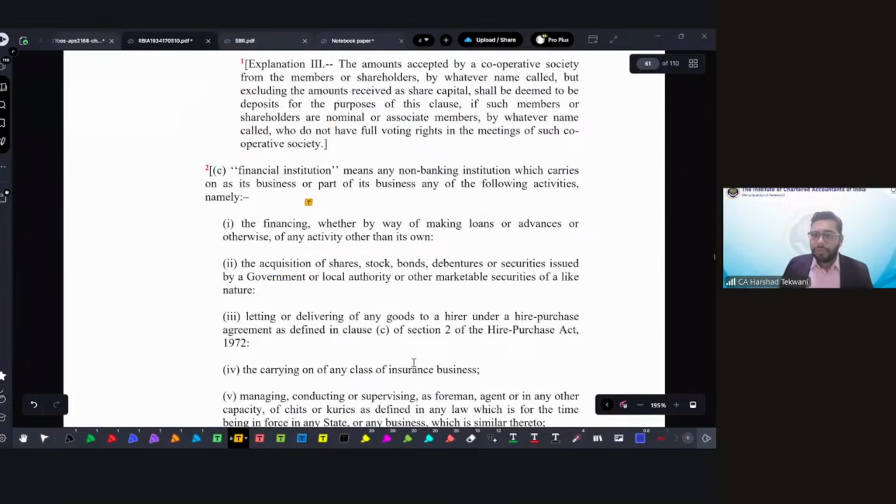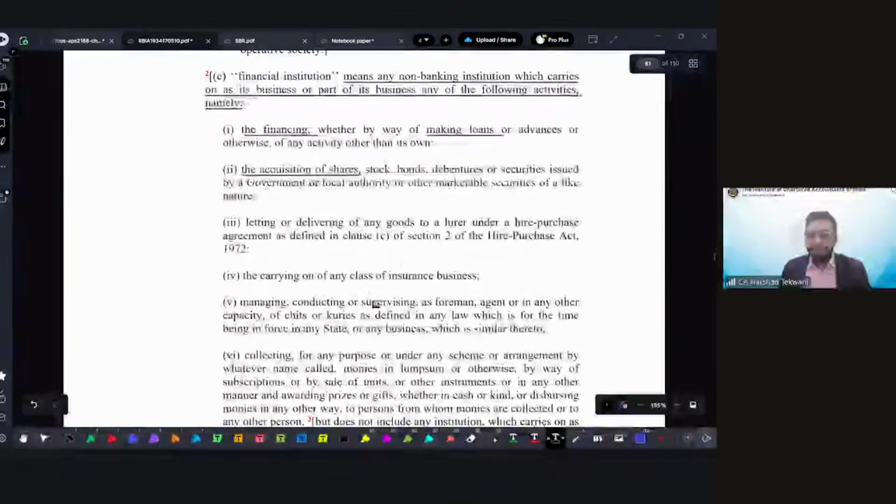Financial institution. Financial institution means any institution which carries on the business or part of its business from the following activities: financing by way of making loans, acquisition of shares, stocks, debentures, securities, or other marketable securities. Okay.